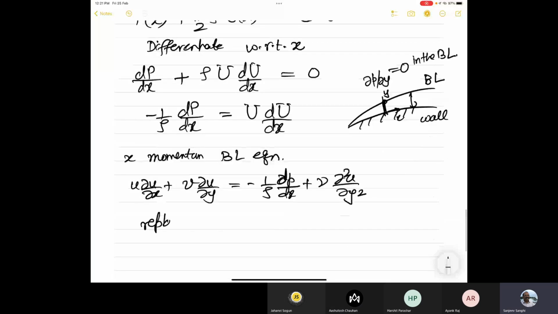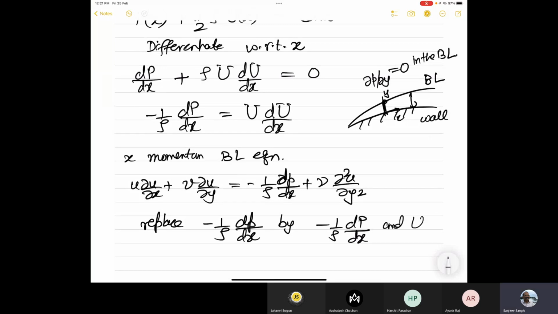We can replace minus 1 over rho dP by dx by capital U dU by dx.